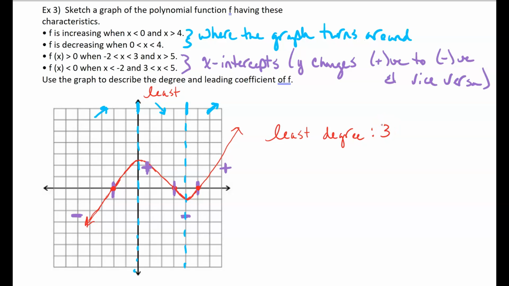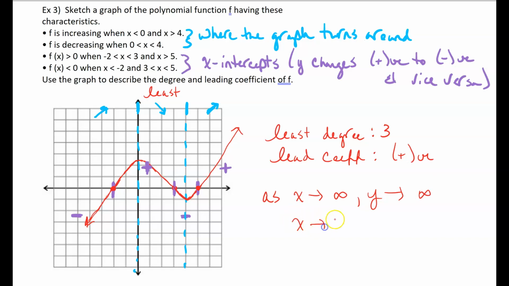Is the lead coefficient positive or negative? It's positive. And for our end behavior, as x goes to positive infinity, where is y going? Positive infinity. And as x goes to negative infinity, y goes to negative infinity.